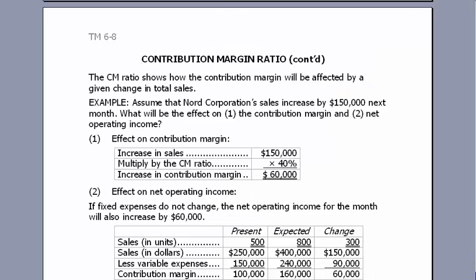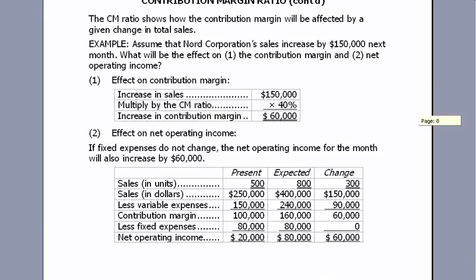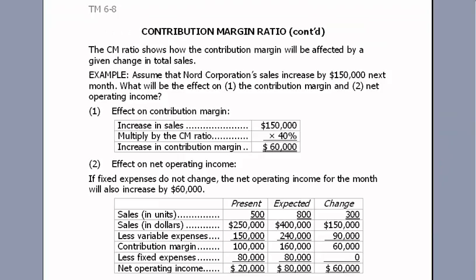The next one is just a rearrangement of it, so you can look at it from another perspective. A couple things I do want to point out is that if you know your sales are going to increase by 150,000, so if we're going to sell 500 bicycles and then we jump to 800 bicycles, which will give us a $150,000 increase in sales, we know the contribution margin's 40%.